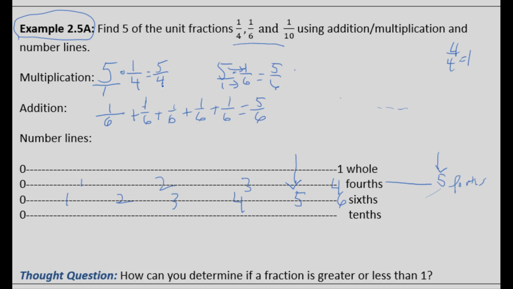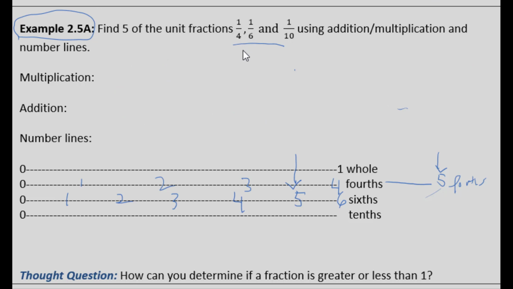So let me clean this up and do tenths. Now we're going to do the unit fraction 1/10, right? And we're going to find 5 of them. There's 1, there's 2, there's 3, there's 4, and there is 5 of them, making 5/10.